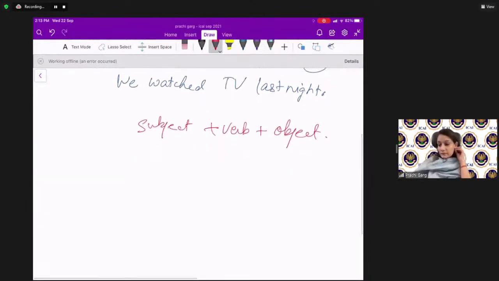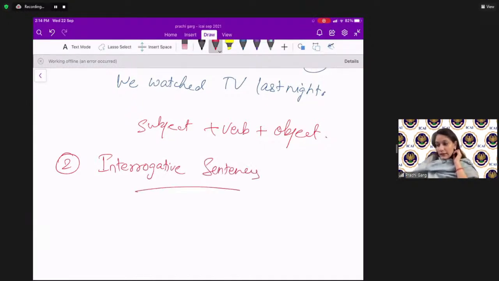Yes. Okay. The next one is interrogative sentences. Now, interrogative sentences, as the name suggests, interrogative means interrogation, when you are questioning someone.